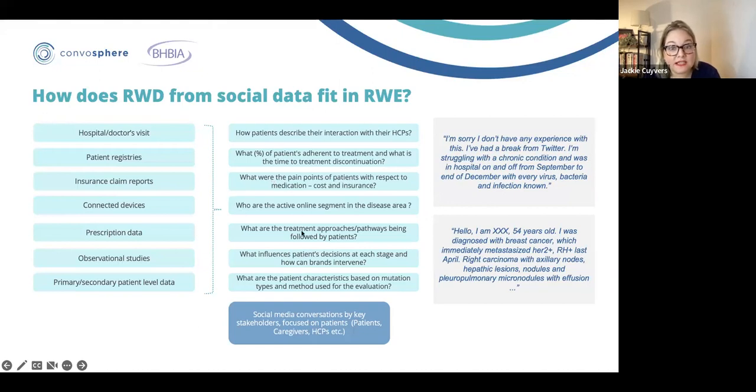So for each of these, online conversations can be shedding light on the overall patient experience, whether that's shared by patients, caregivers, HCPs, or the patient advocacy groups. There are many stakeholders that provide valuable online conversations and data that can be used to complement, augment, and give a more 360 view of the overall patient experience for real-world evidence research.